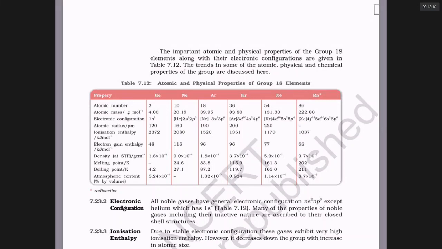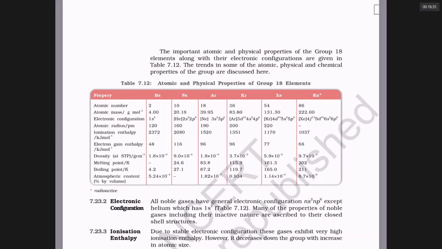If you look down the group, helium, neon, argon, krypton, xenon, radon, atomic numbers and atomic masses are increasing. The electronic configuration, except for helium, is ns2np6. The atomic radius is increasing, ionization enthalpy is decreasing. Their electron gain enthalpies are all positive. They don't want to take electrons. They repel the external electrons.